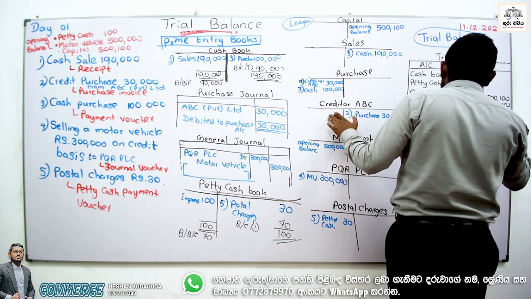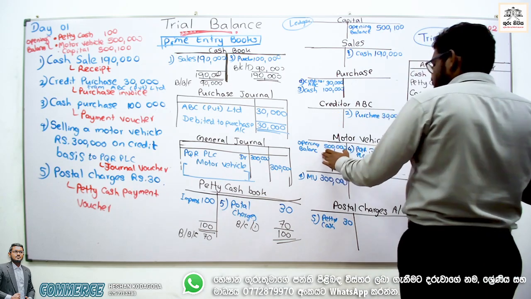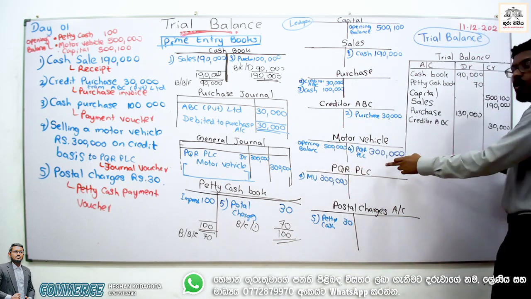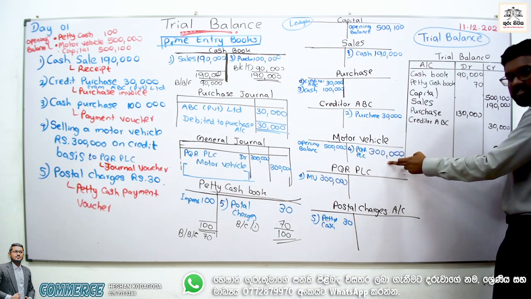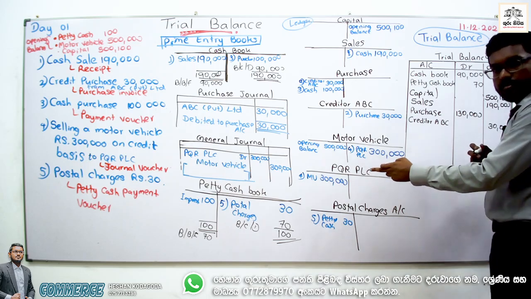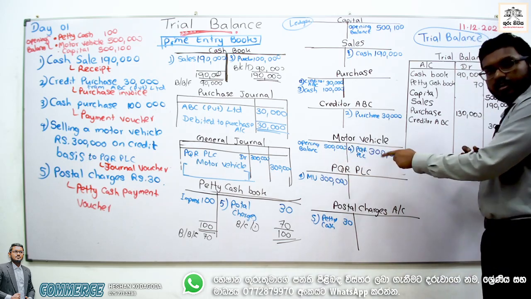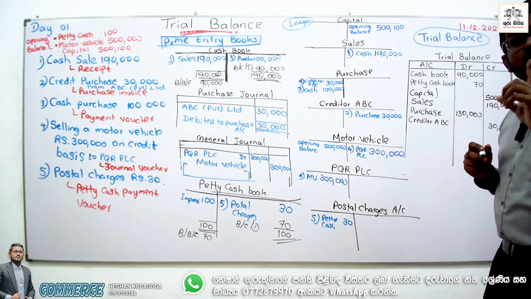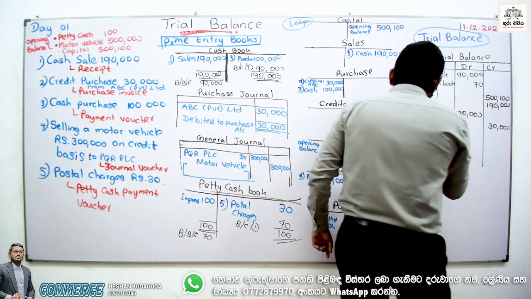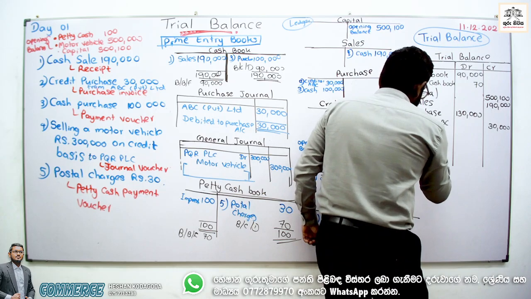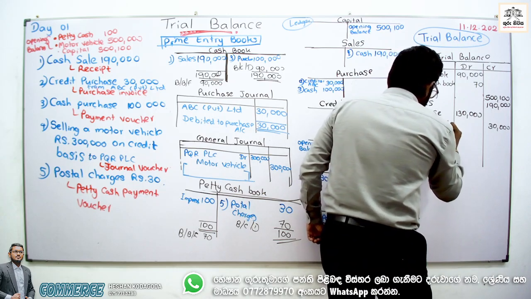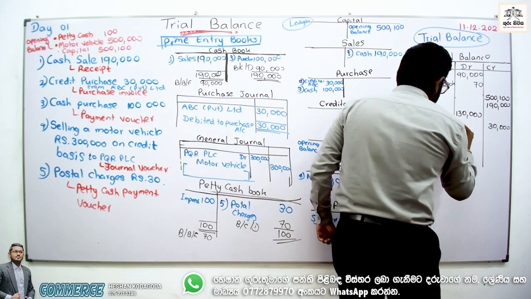Credit side. So when it comes to motor vehicle, we can take it's 200,000 debit side. Debit. Right? It's 200,000 debit side. In here 500,000. In here 300,000. When we balance it, it's 200,000 debit side. You can write motor vehicle, 200,000.